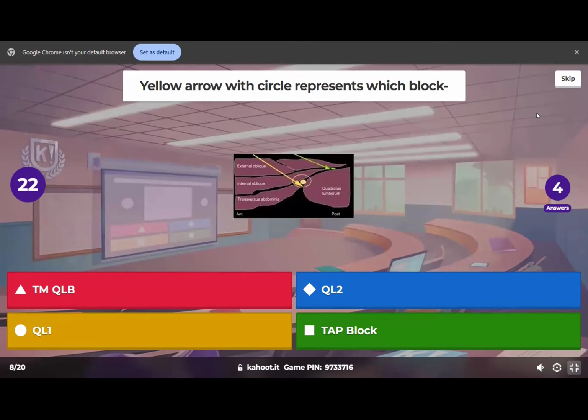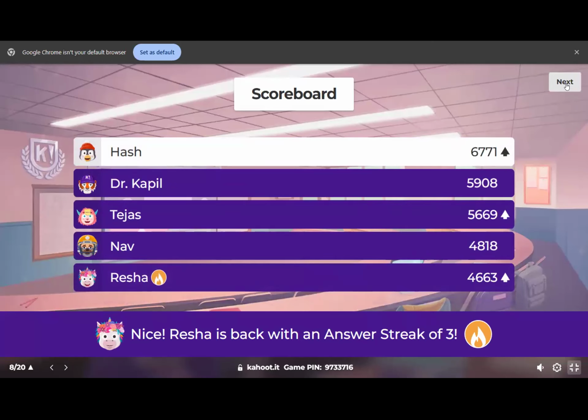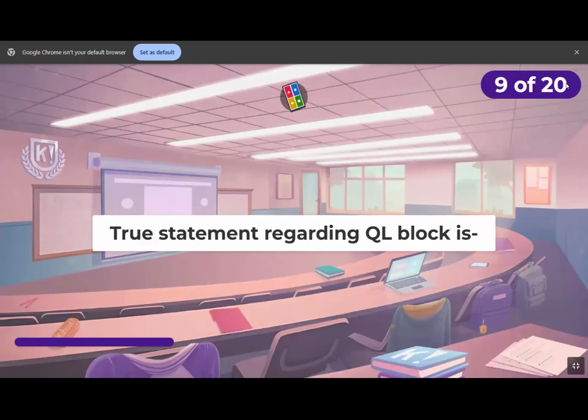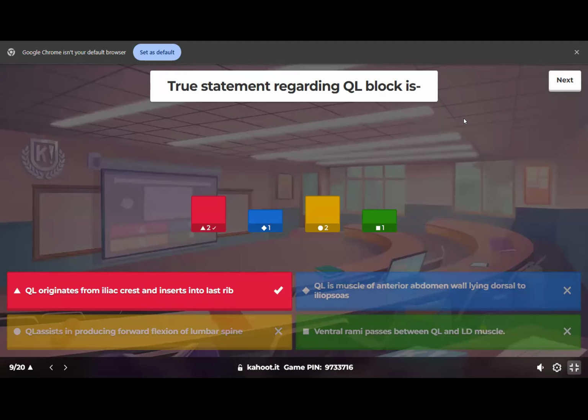Confusing one. Okay. It is quite confusing.